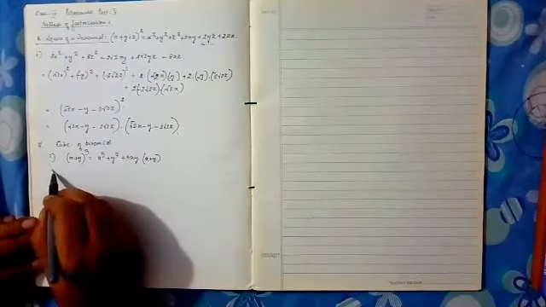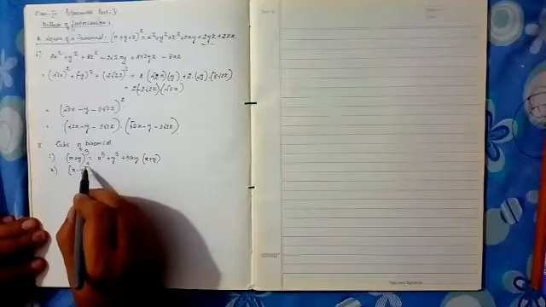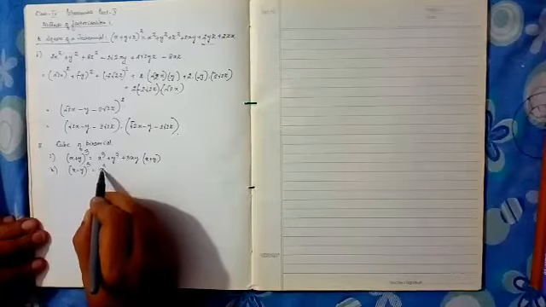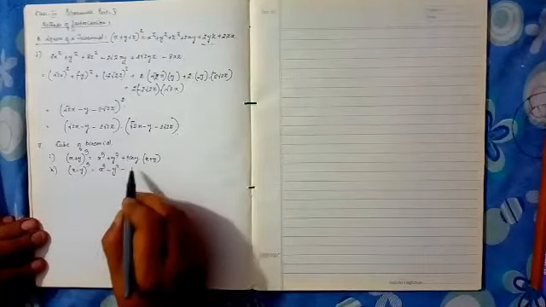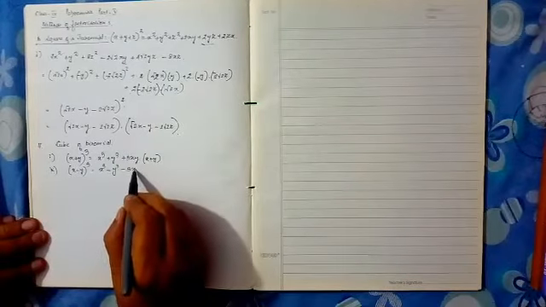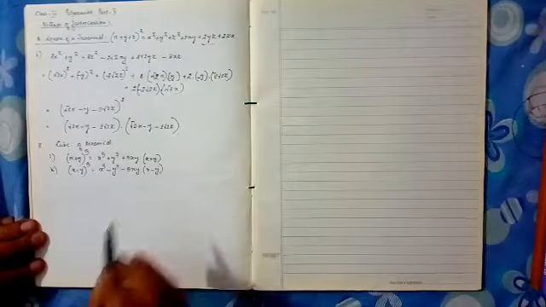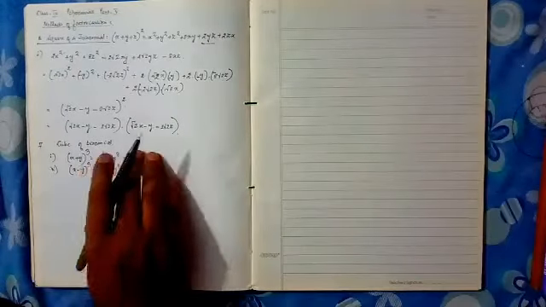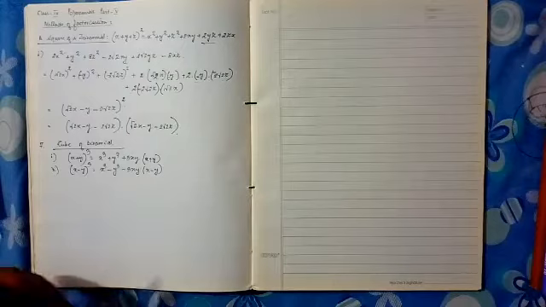And the second one is (x - y) whole cube is equal to x cube minus y cube minus 3xy into (x - y). So we are going to use these two identities. With one example, I am showing you how to factorize.